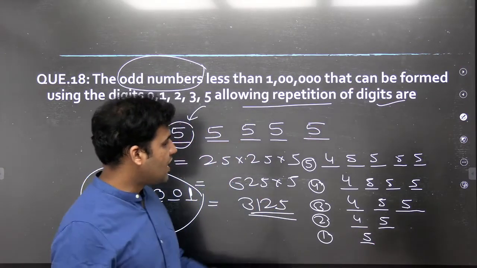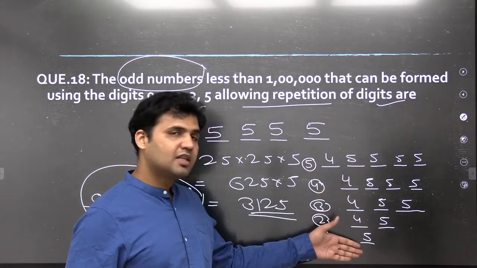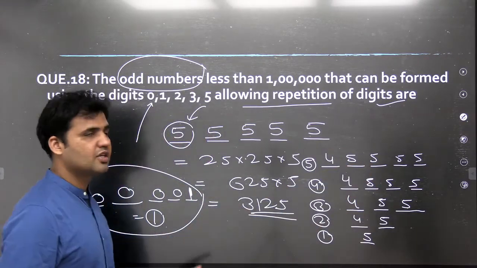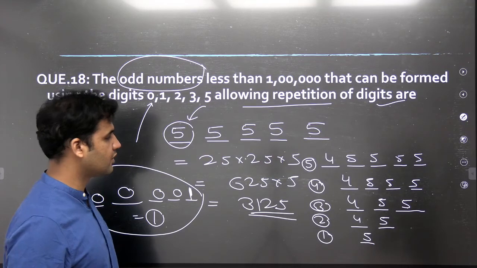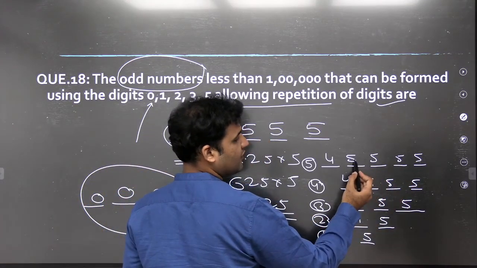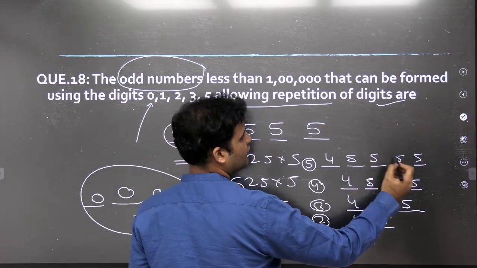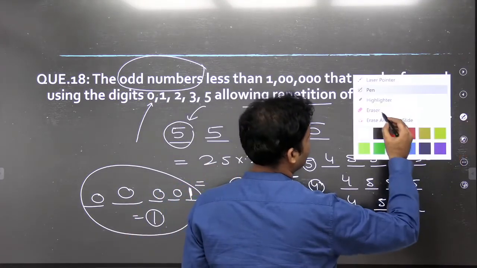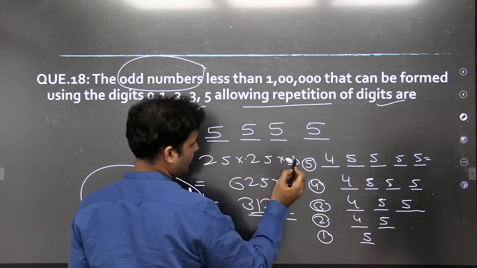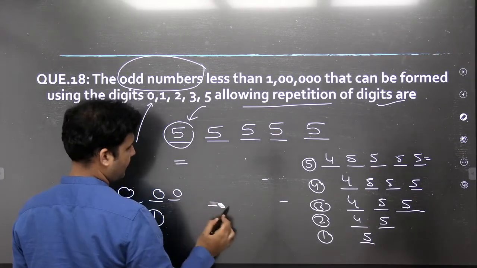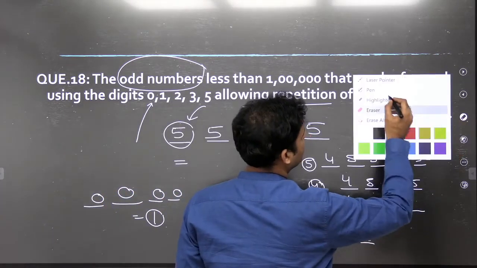Right? So if you multiply all these values and add them up, you will get the same answer as 3125. You can cross check it also. Let's do it. 5 into 5 is 25, 25 into 25 is 625, 625 into 4. Okay, let's cross check the answer.